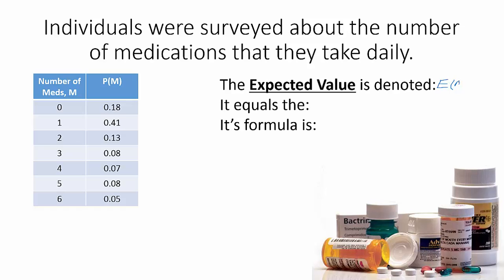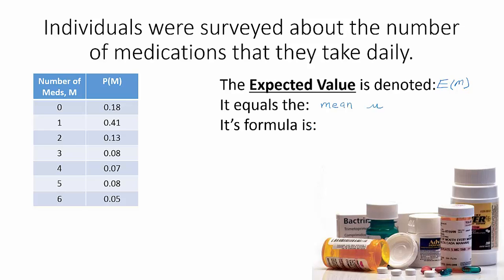And in this case, our variable is M. So the expected value for M. And this is the key thing. It equals the mean. So the expected value is just another way of expressing what is the mean, which we understand what is the average. And because this is a parameter, we would use the Greek letter mu for that.